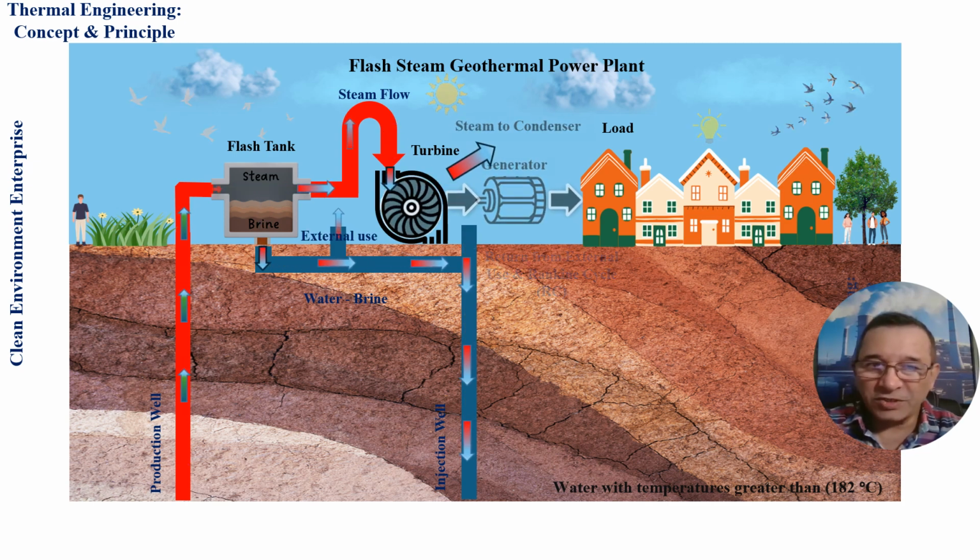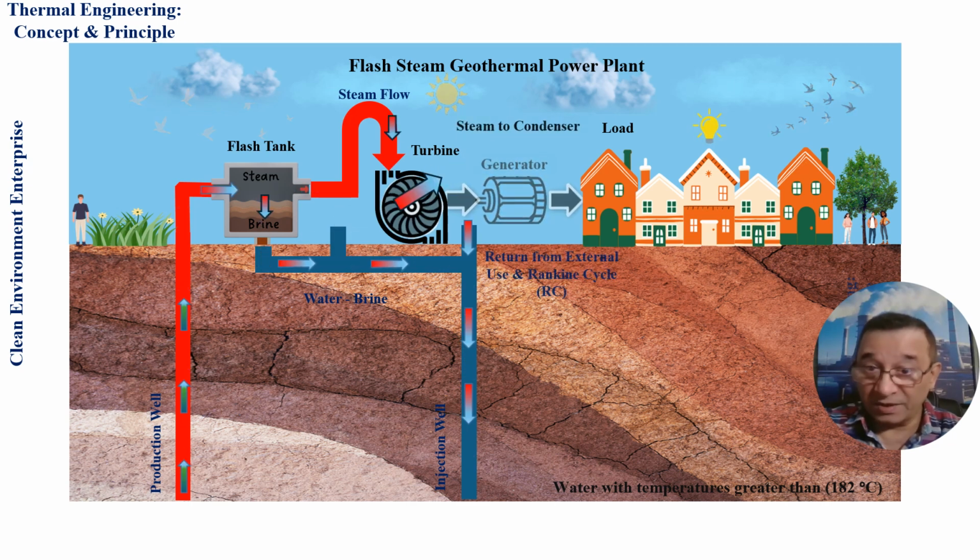So the process starts from a production well, where we have a high temperature, about 182 Celsius or greater.